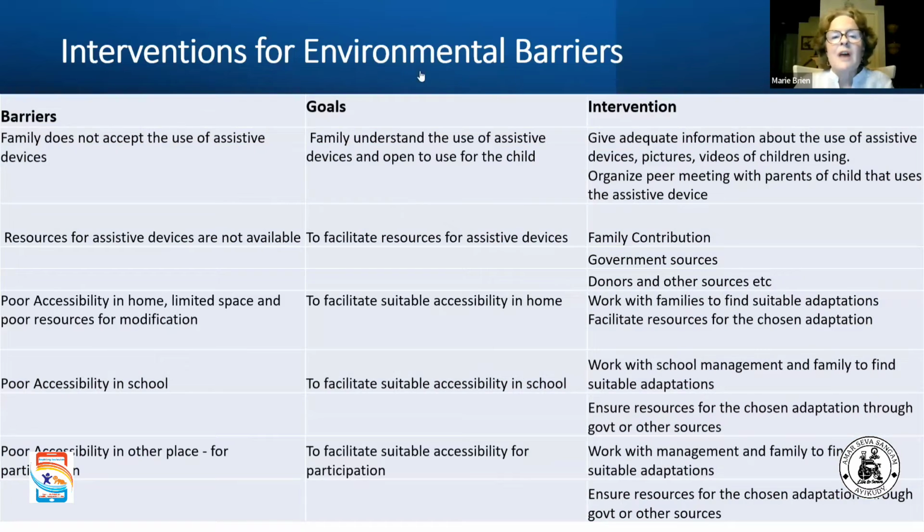These are other environmental barriers that may be found, as the family does not accept the use of assistive devices, or they don't have the resources available. So we facilitate families' acceptance of assistive devices through various means, providing information on assistive devices and the benefits on child development of the use of assistive devices.